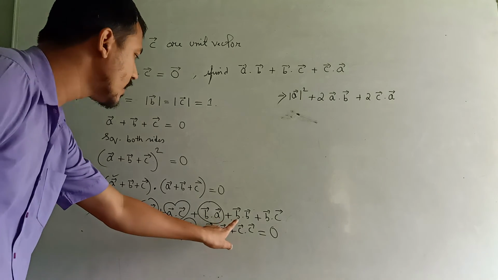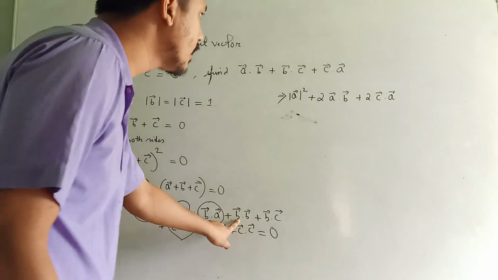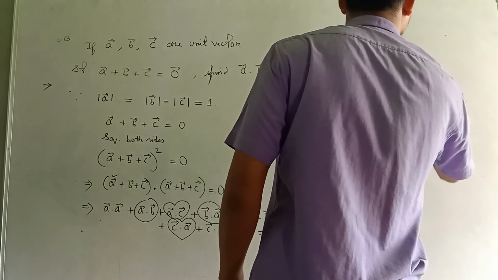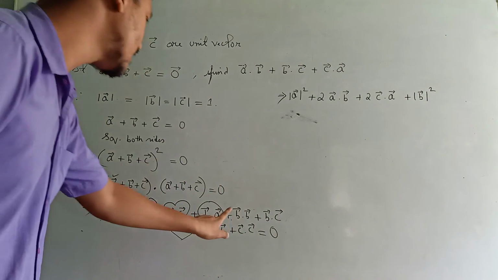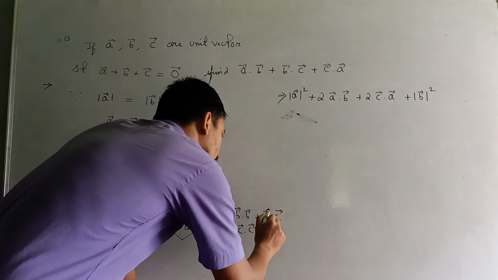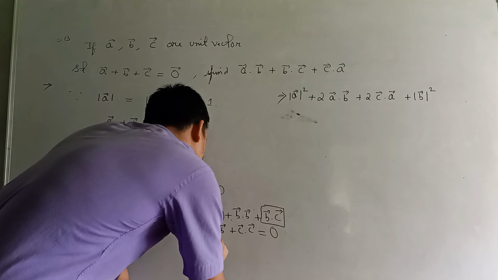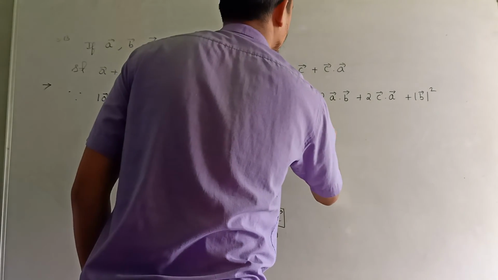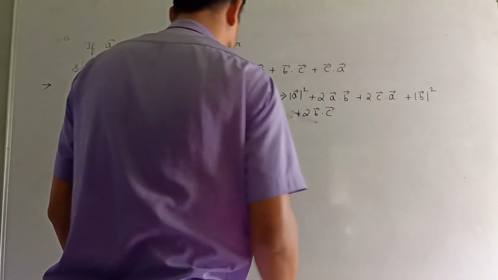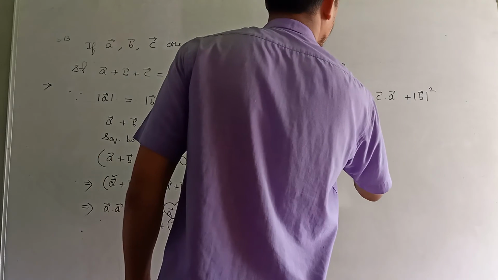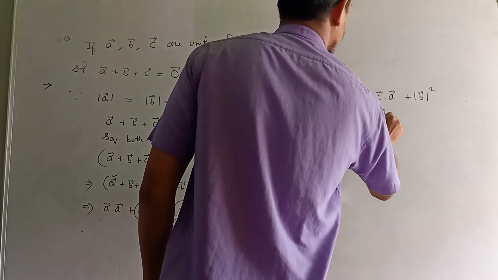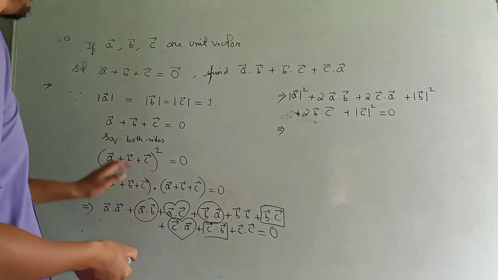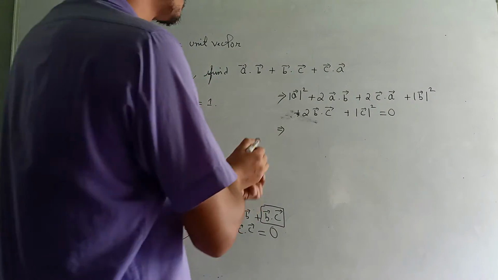Next we have B dot B, which means magnitude of B squared. This is done. B dot C plus C dot B is twice B dot C, correct? Plus C dot C, magnitude of C squared, equal to 0. A, B, C are unit vectors, so each of their magnitudes is 1.